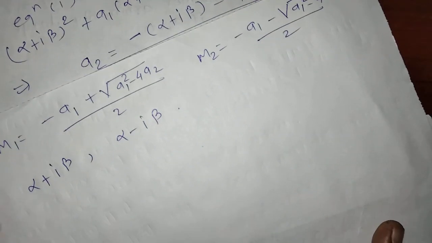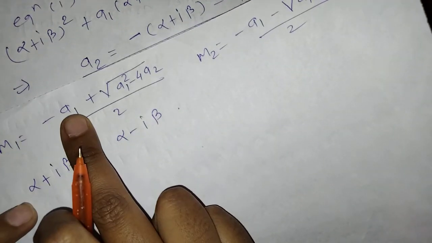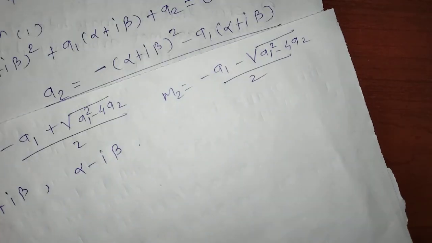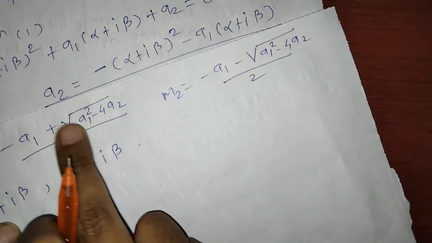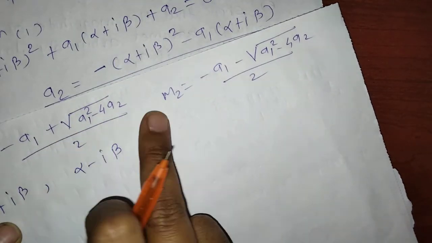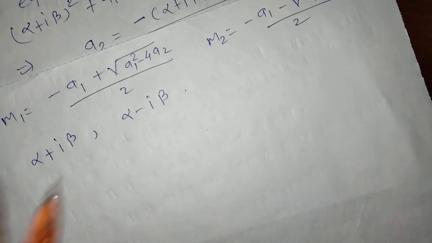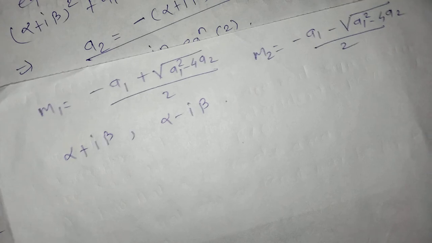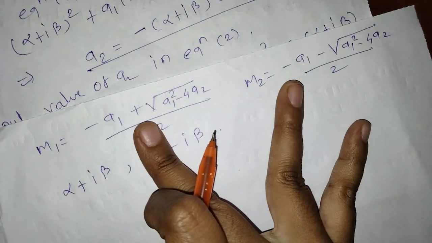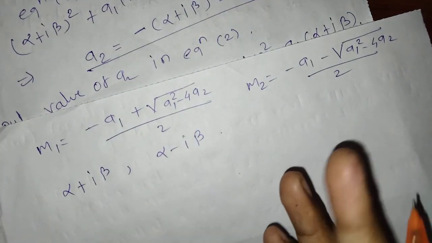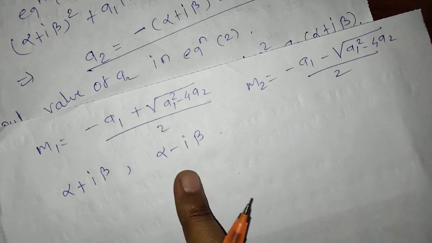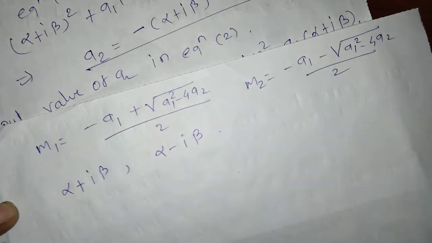Now you can compare: alpha is equal to minus a1 upon 2 and i beta is equal to under root a1 square minus 4a2 upon 2, because the roots of the characteristic polynomial of the given equation are nothing but these two, and given alpha plus i beta is also a root, and then we show that alpha minus i beta is also a root, meaning these twos are equal.